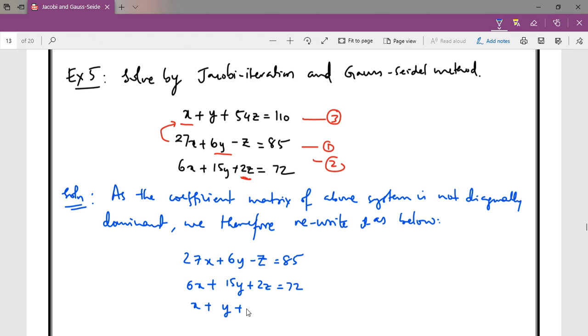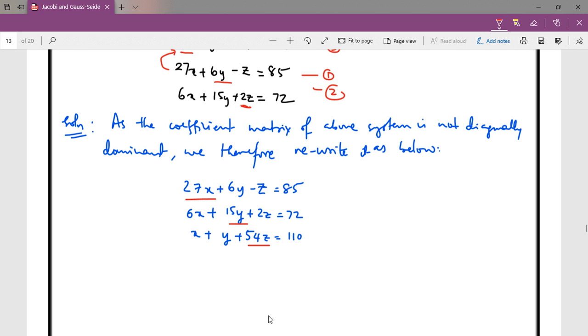And the last will be x plus y plus 54z, which is equal to 110. See, now we can easily observe that this is diagonally dominant. So the given system is now diagonally dominant.